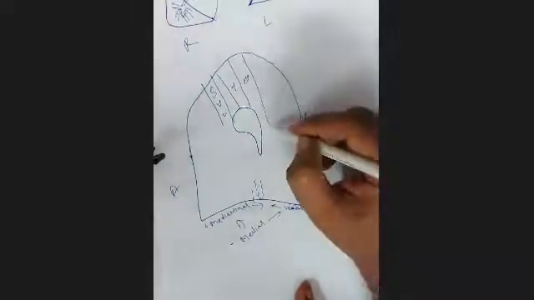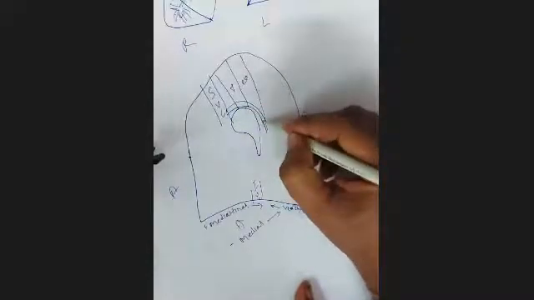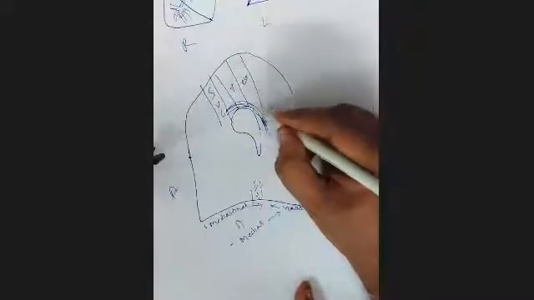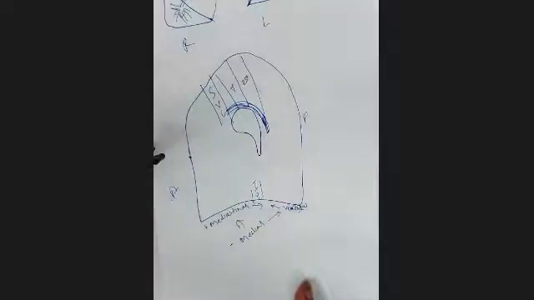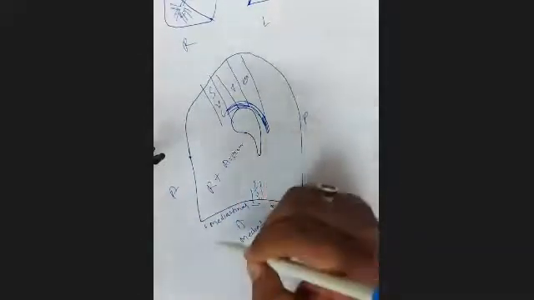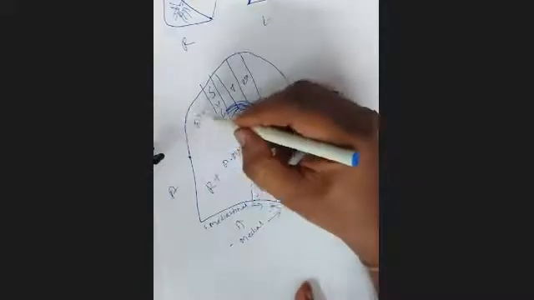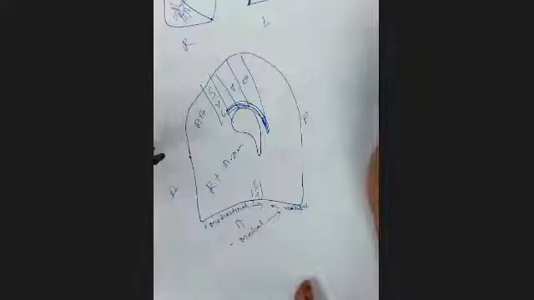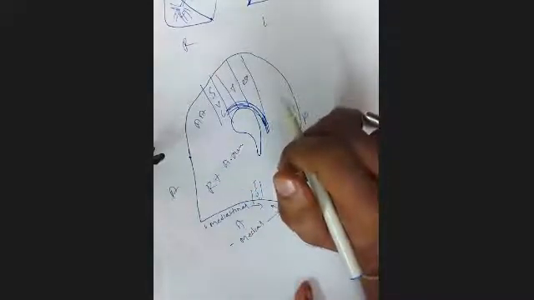And going into this is the azygous vein. So this, and of course, here will be the impression for the right atrium. Okay. Right atrium. Here will be the impression for the ascending aorta. So mainly the right atrium.